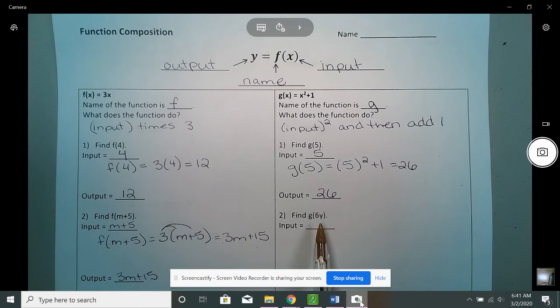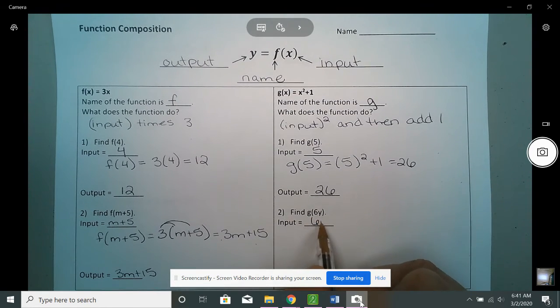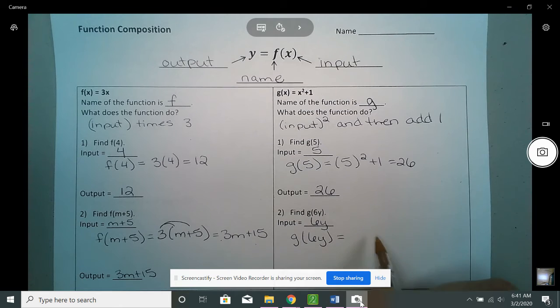Again, you can do this with expressions. This time our input is going to be 6y. So we use the g function. We're inputting 6y. That means where the x is, we're going to replace that with 6y. Now notice all of 6y is being squared, just like all of 5 was being squared.